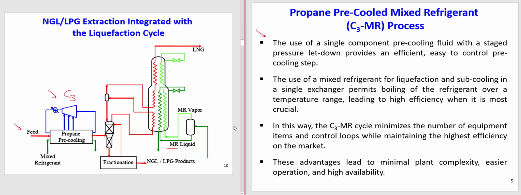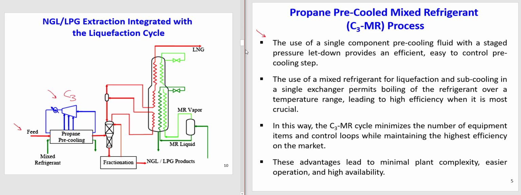At the top here, we have the cold bundle. At the middle, we have the middle bundle, and at the bottom, we have the warm bundle. So each of the components in the mixed refrigerant can be converted from liquid to vapor or vice versa in each of these bundles, depending on their boiling point and molecular weight.